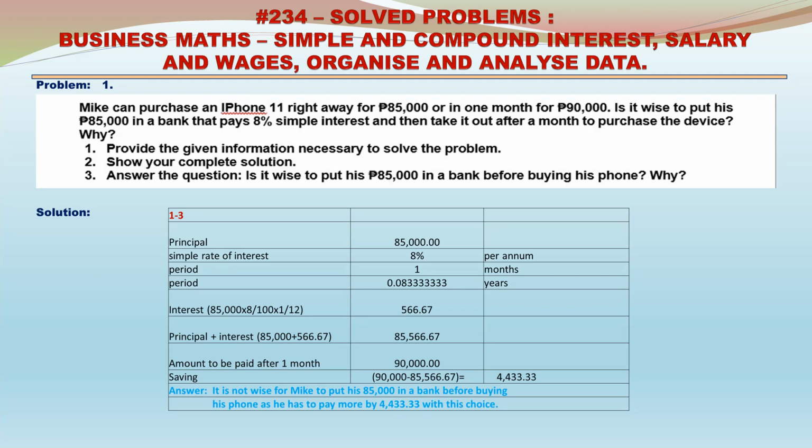So, if the option to purchase right straight away is taken, there is a saving of 90,000 minus 85,566.67, 4,433.33. Answer. It is not wise for Mike to put his 85,000 in a bank before buying his phone, as he has to pay more by 4,433.